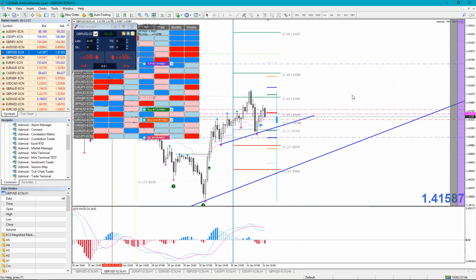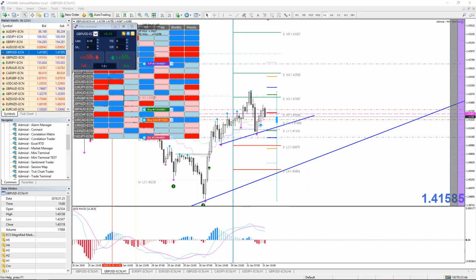Stop loss is here. It's a very small risk trade, guys. Keep your stop loss at 41.15.